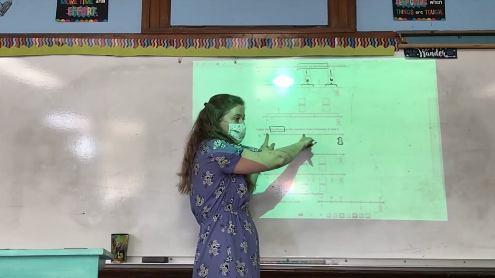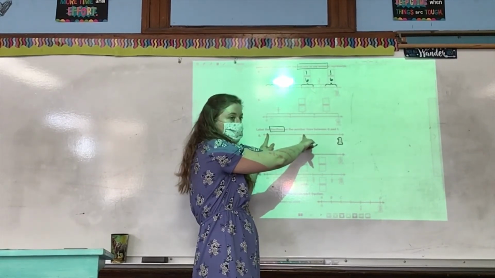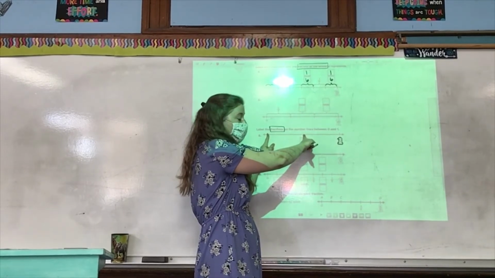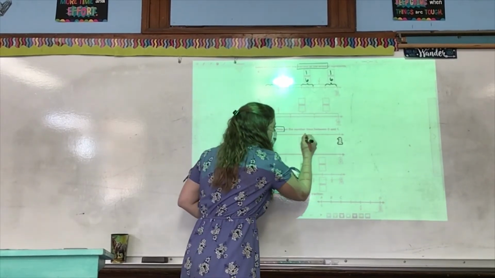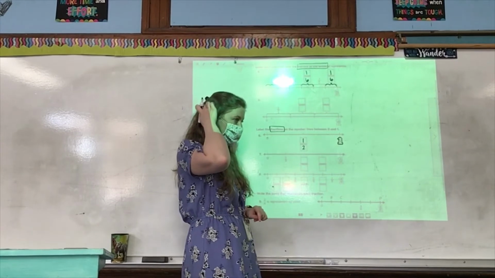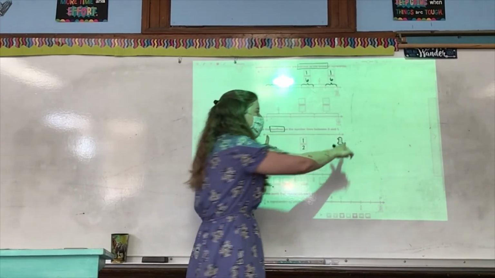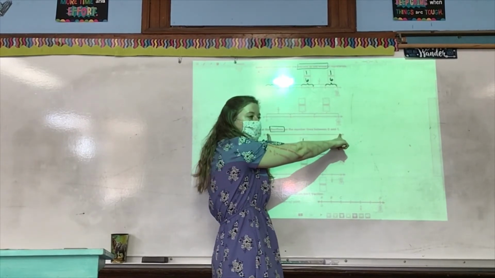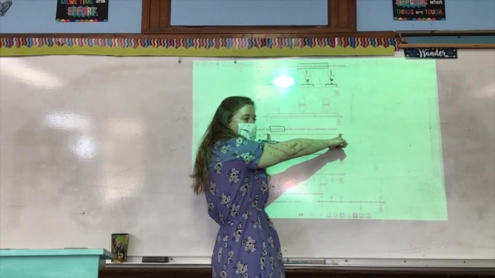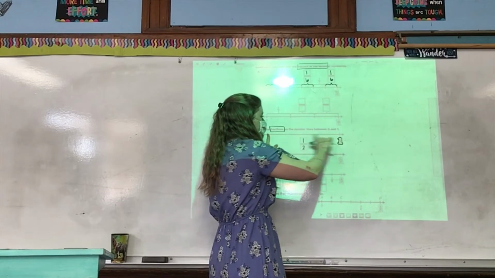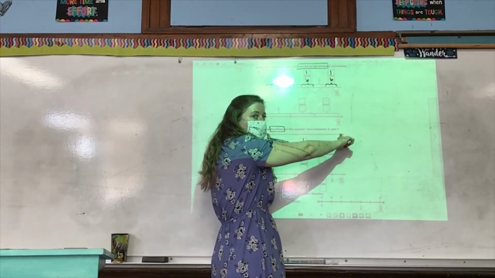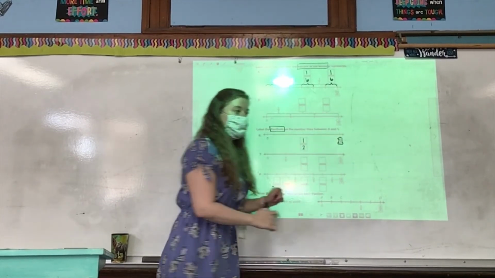Zadie? 1. So I put a 1 in my numerator spot. But if I keep my left finger at 0 and go to the third tick mark, how many pieces away from 0 is that? Lena? 2. Keep that in mind.